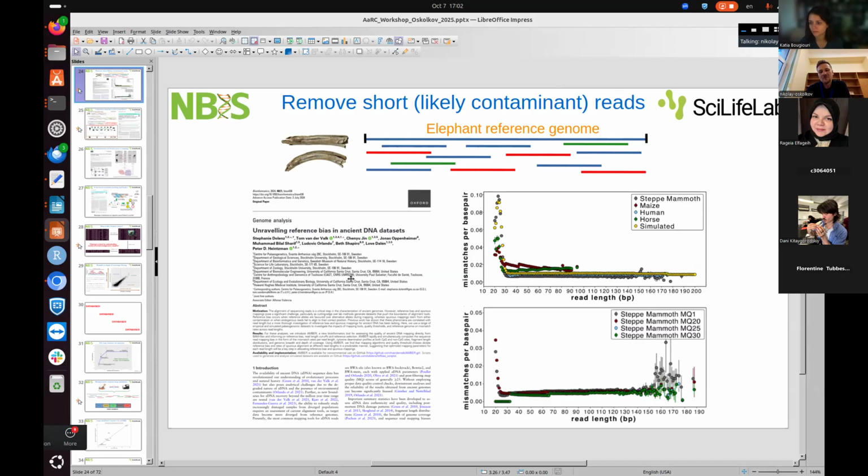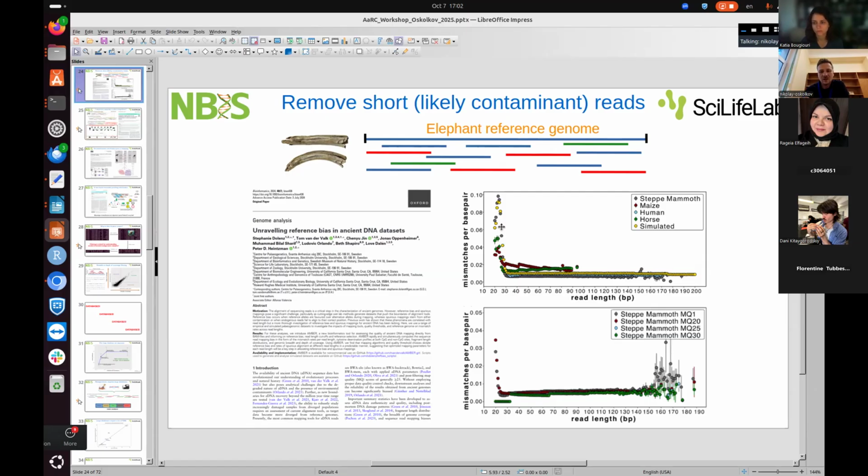But maybe the most straightforward answer is not to use very short reads. Of course, it's very frustrating for ancient DNA people because we would like to keep as many short reads as possible. But you have to realize that yes, you rescue a lot of valuable data, but you're sacrificing the accuracy of your analysis in different ways. You're prone to contamination, because by rescuing short reads you are enriching your sample with contaminant reads.